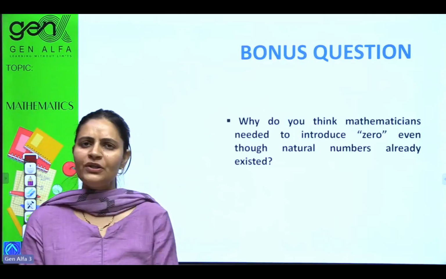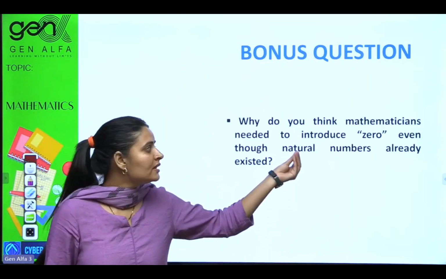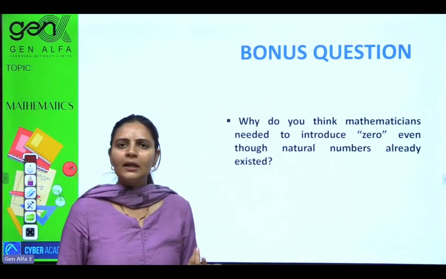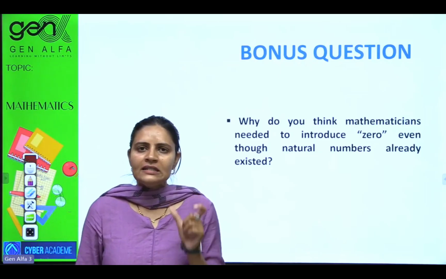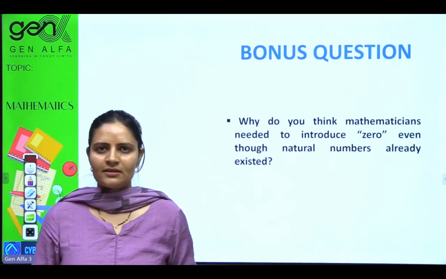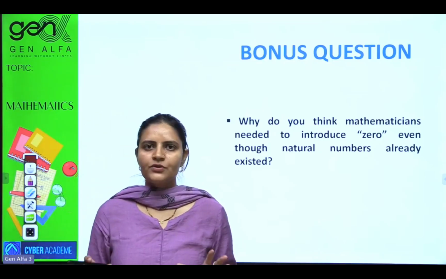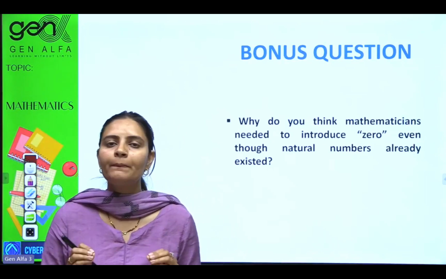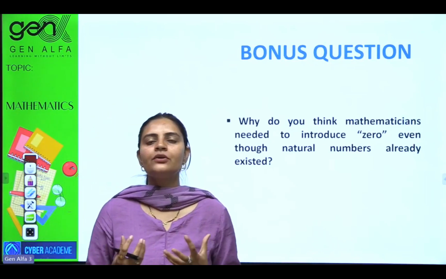So what do you think? Mathematicians needed to introduce zero even though natural numbers already existed. What do you think? Zero itself means nothingness. As in the example, there were no apples left. So we specified that no apples means zero. It shows absence in the real world.